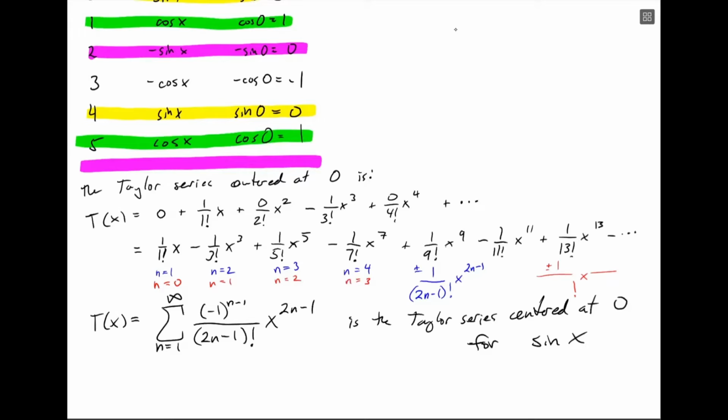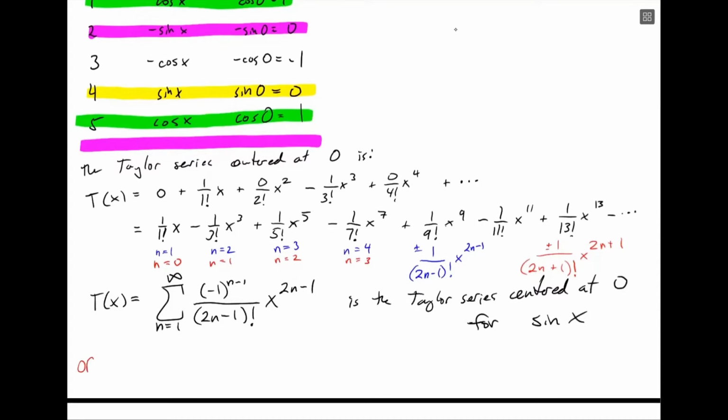But if this is 0 and I want to get out 1, and this is 1 and I want to get out 3, and this is 2 and I want to get out 5, then what I'm doing now is multiplying n by 2 and adding 1 instead of multiplying n by 2 and subtracting 1. So you will also see this formula.